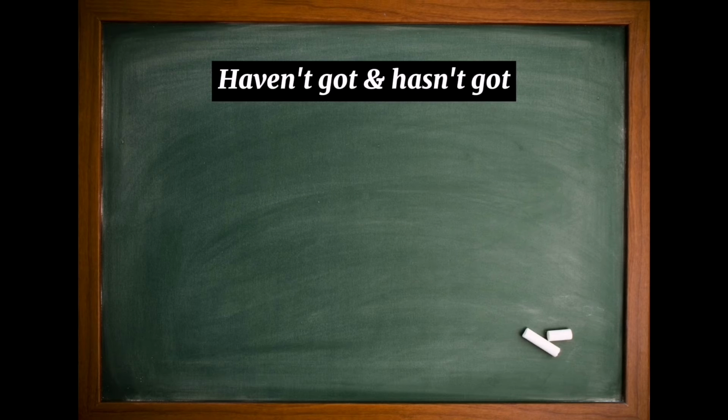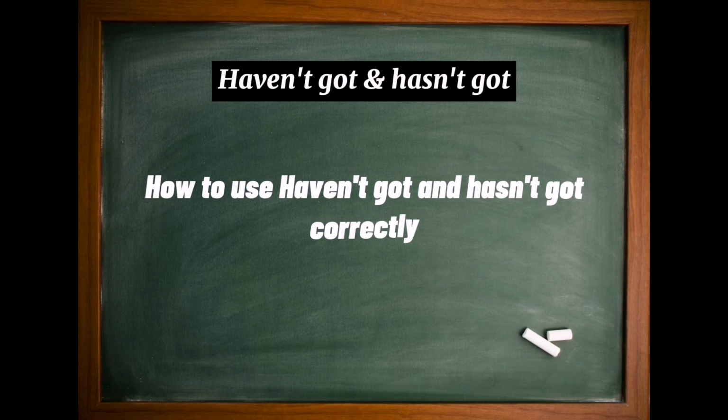These short forms are used in the same way, but in English, although they have the same meaning, they are used in different ways. Now, let's learn how to use haven't got and hasn't got correctly.